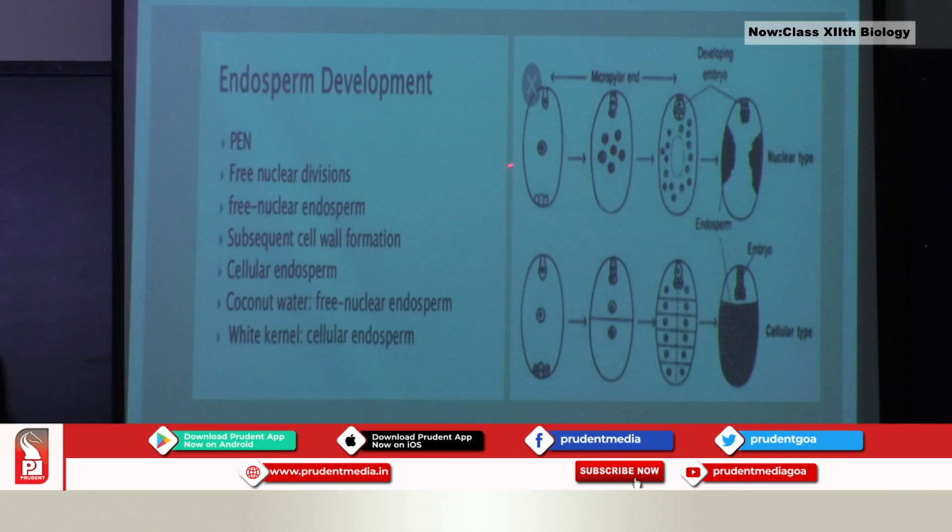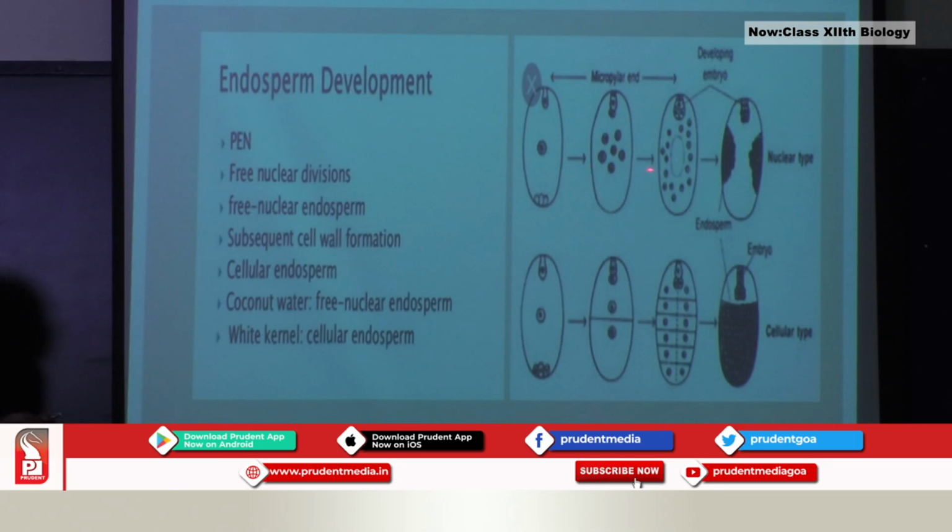So what happens to the single primary endosperm nucleus here, which is triploid? It starts undergoing mitotic division, resulting in only karyokinesis, not cytokinesis. Only the nuclei start dividing; cytokinesis doesn't take place as yet. When 1 becomes 2, 2 becomes 4, 4 becomes 8, you notice only the division of the nucleus and not the cytoplasm.